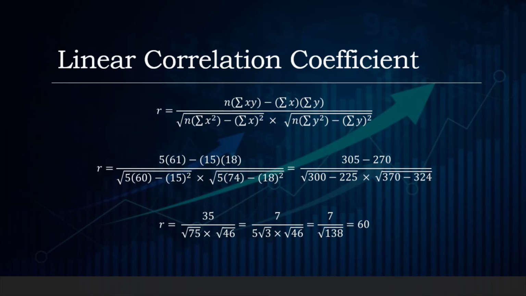R equals 35 divided by the square root of 75 times the square root of 46 equals 7 divided by 5 the square root of 3 times the square root of 46 equals 7 divided by the square root of 138 equals 0.60.